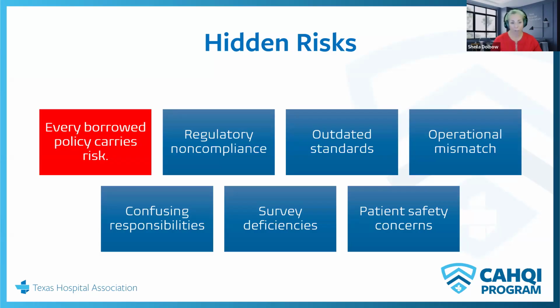When that confusion happens, it makes it very difficult for people to align with or comply with the policy or procedure. And of course, survey deficiencies. If something is not clearly outlined and does not reflect the practice that occurs in your organization, that opens you up to potential citations. And all of these things can lead to patient safety concerns.